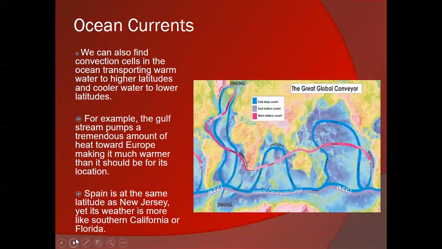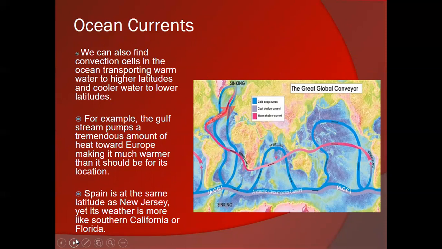And also convection. We see convection in ocean currents. The Gulf Stream is a very famous ocean current, which transfers energy from the Gulf of Mexico to Europe.